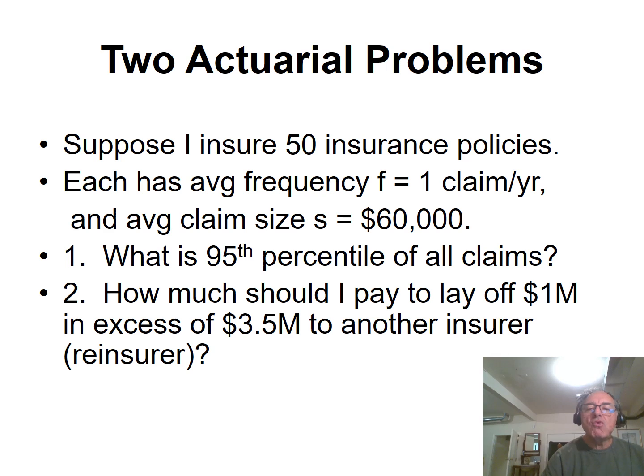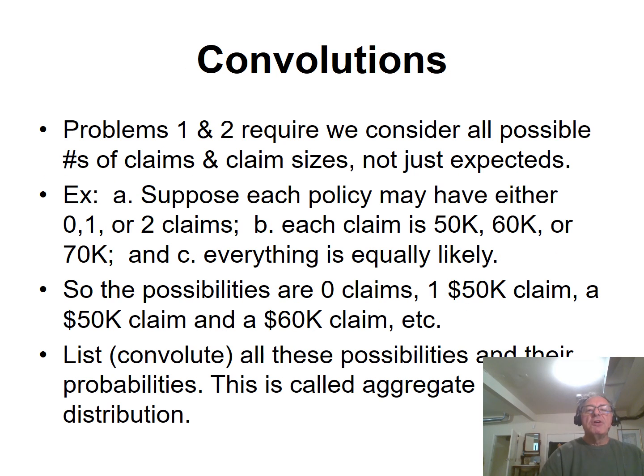I'd like to buy reinsurance, so if my claims are above $3.5 million, any part over and above the $3.5 million, I'm going to reinsure with someone else. So number 2 asks, what should I pay for that? So problems 1 and 2 require that we consider all possible numbers of claims and claim sizes.